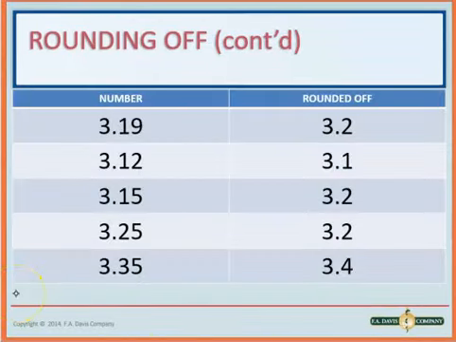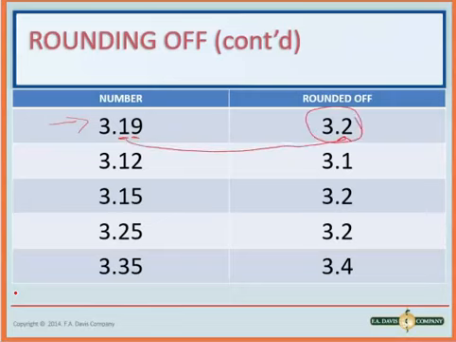So let's look at some more examples of rounding off and decide which rule we need to use. So the very first number that we're going to look at is 3.19. We're going to look at our last number. Is it greater than 5? Yes, it's greater than 5. So what can we round our 1 off to? We can round it off to 2. So our answer is 3.2.